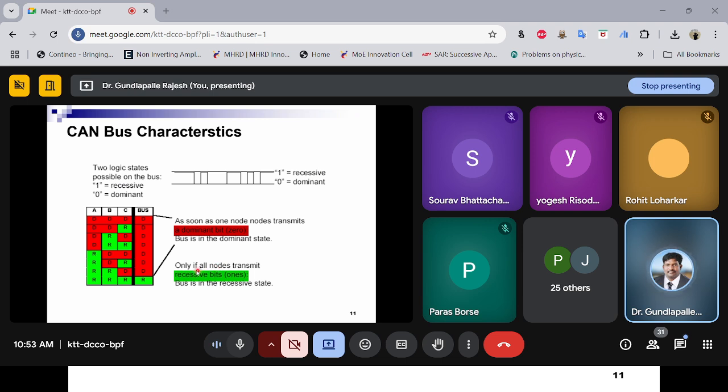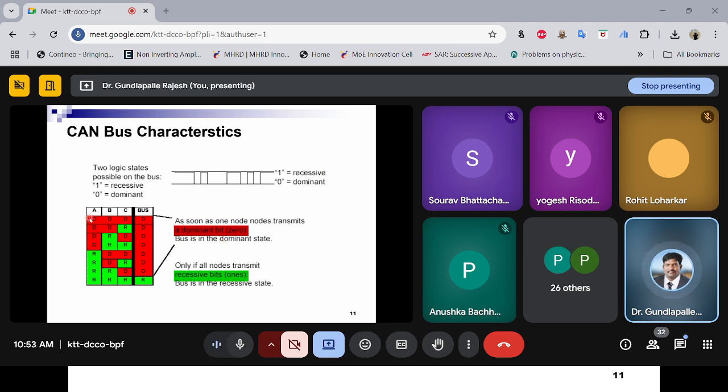Whenever the recessive bits are sent, the bus is in recessive state, which is always high. Dominant 0 will be such that the master will be sending the data stream, and the recessive bits will be used when the master receives the data from the nodes.